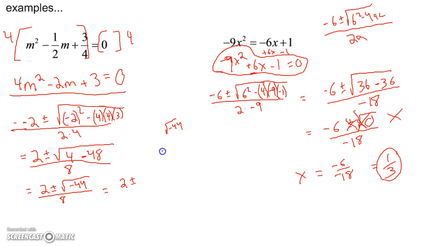If we simplify it, it's the same thing as the square root of minus 1 times the square root of 44, which is the same thing as the square root of minus 1 times the square root of 4 times the square root of 11, because we want to reduce this by taking out the largest perfect square factor, which is the square root of 4. I hope you guys remember that. This turns into 2i, the square root of 4 is 2, the square root of minus 1 is i, times the square root of 11.